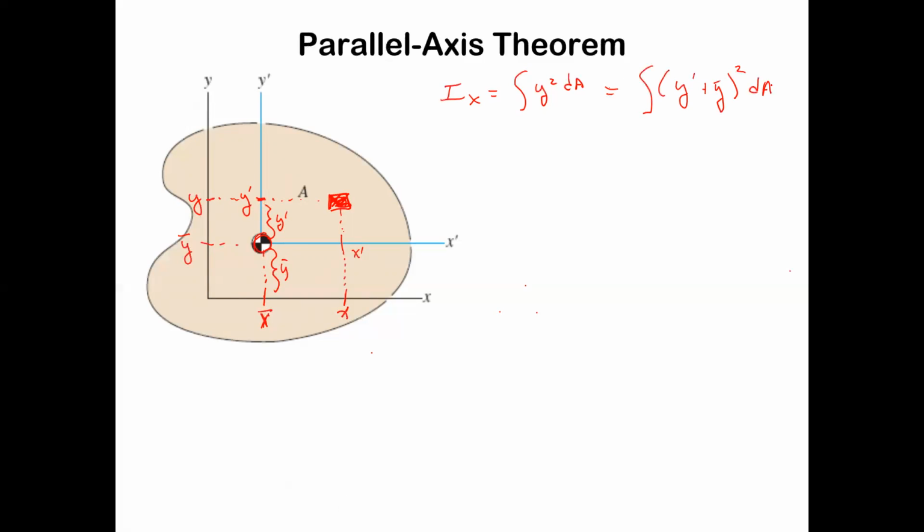Nothing really different there. We're just rephrasing how we're talking about y. And if you take that and square it, it's going to equal y prime squared plus 2 y prime y bar plus y bar squared dA.